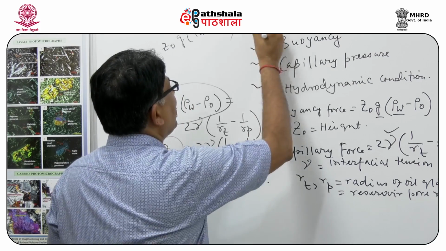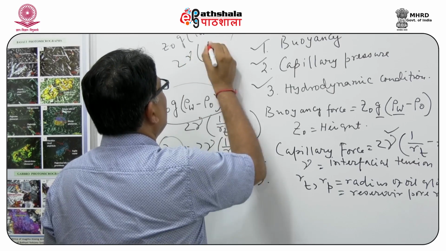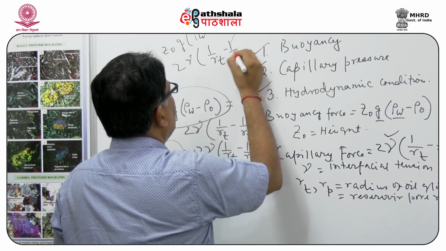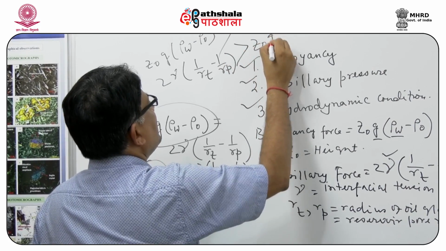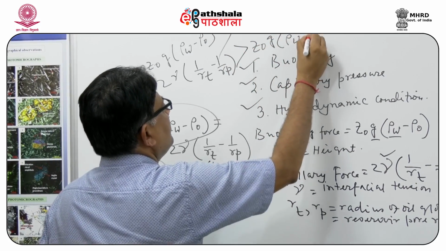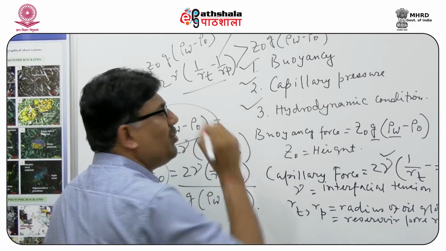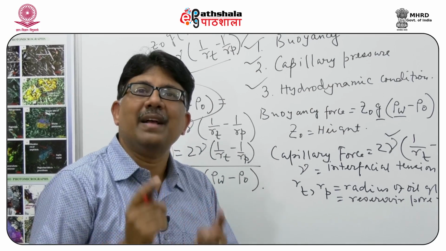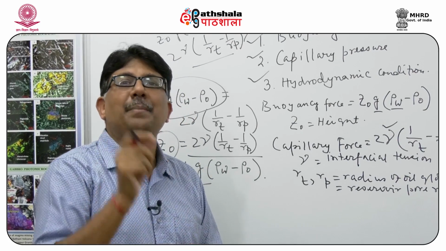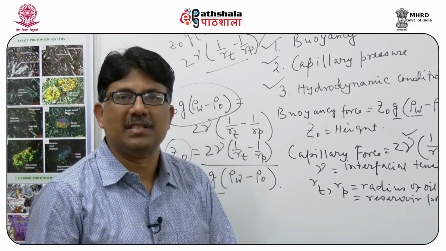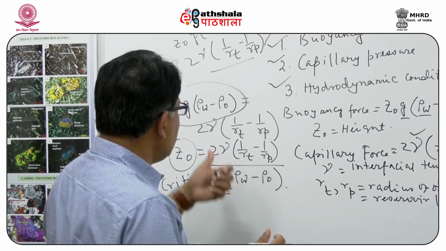But if this factor, 2γ(1/Rt − 1/Rp), becomes more than this, then the active buoyancy-related oil migration will be prevented because the capillary pressure is more than the buoyancy pressure. So I discussed three cases.